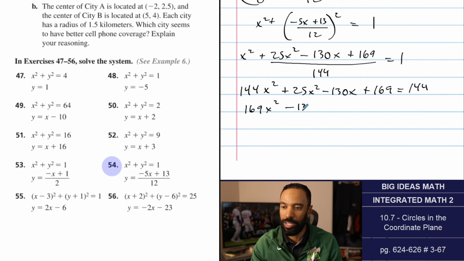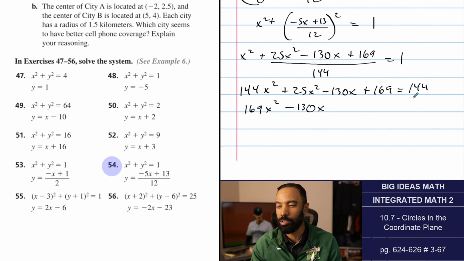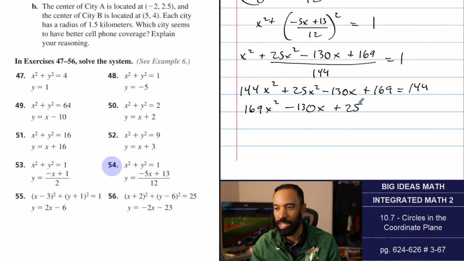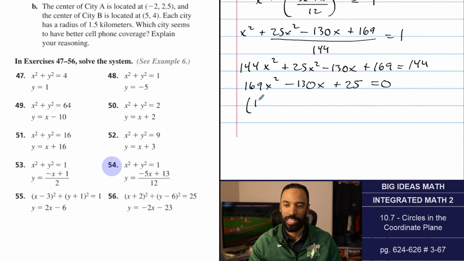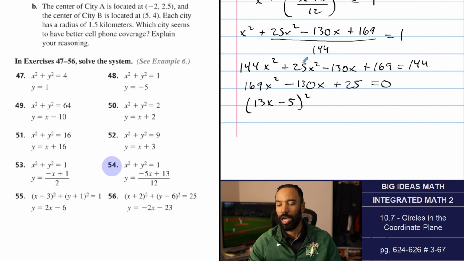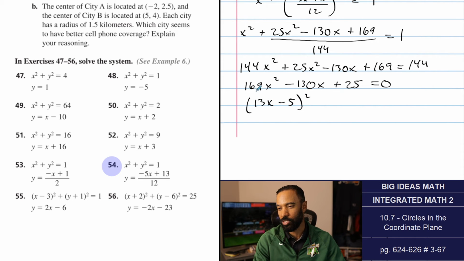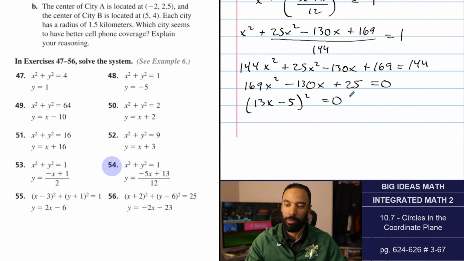Negative 130x, and then subtract 144 over, that's 25. This is looking perfect square trinomial-esque. I'd assume it is. I think this is going to be 13x minus 5 quantity squared. 13 times 5 is 65 times 2 is 130, so that works there. And 5 squared is 25, 13 squared is there. Haha, we got the part.